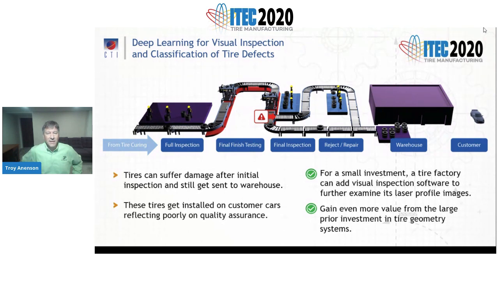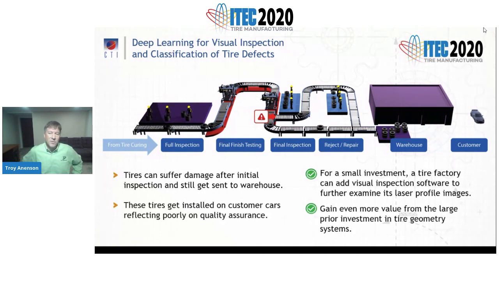Otherwise, they get sent directly to the warehouse without additional inspection. So therefore, it's possible that tires can suffer visual damage by their handling after they were fully inspected and end up in the warehouse. These tires eventually get installed on vehicles where the customer can notice a visual defect, and that could reflect poorly on your quality control.